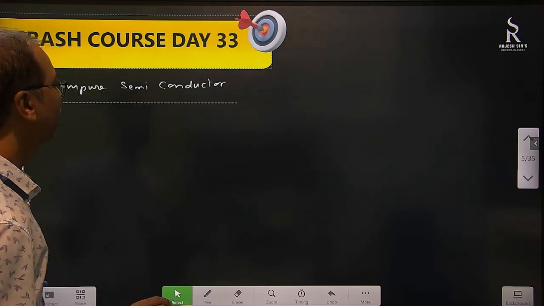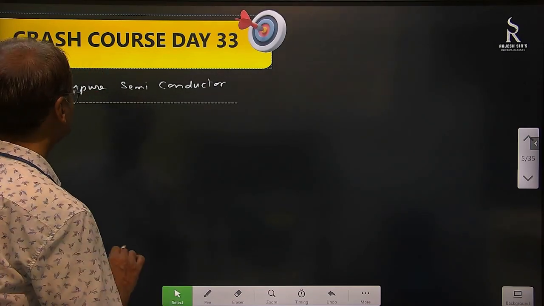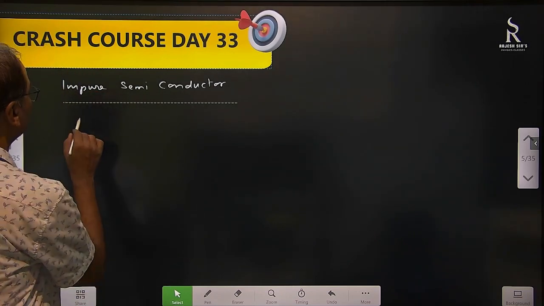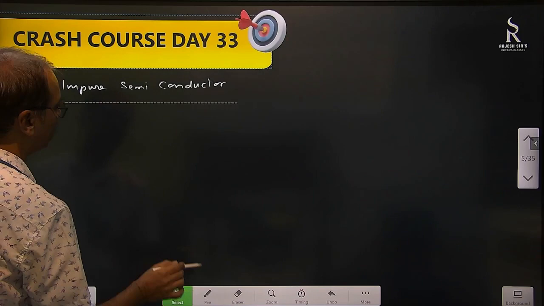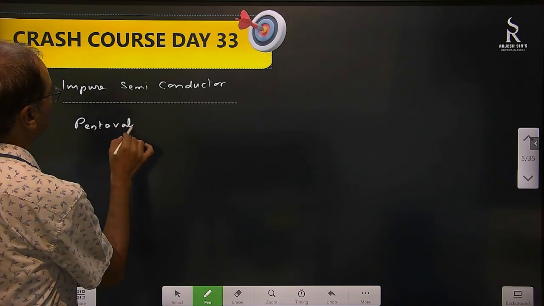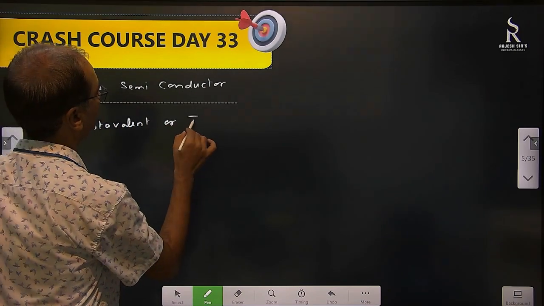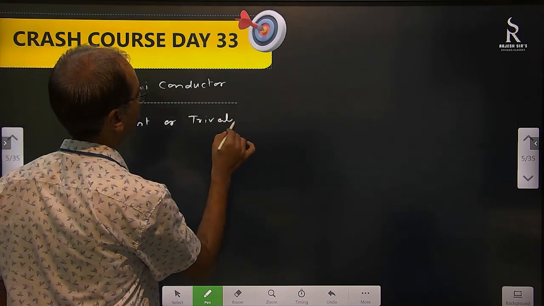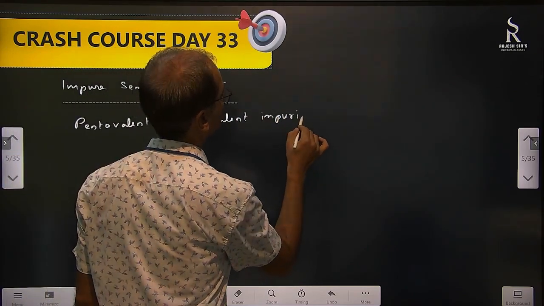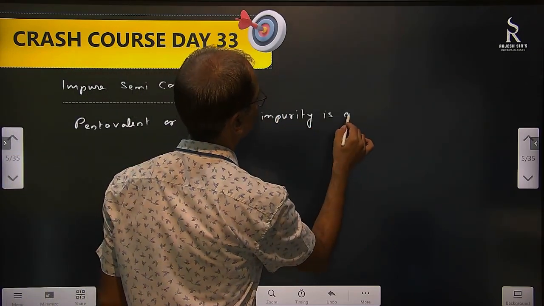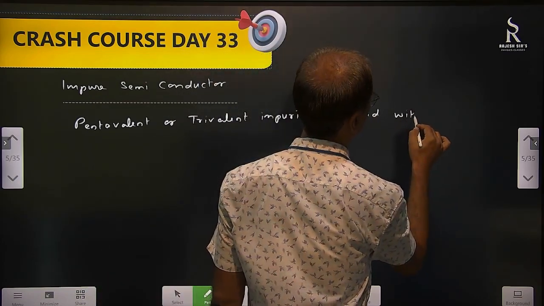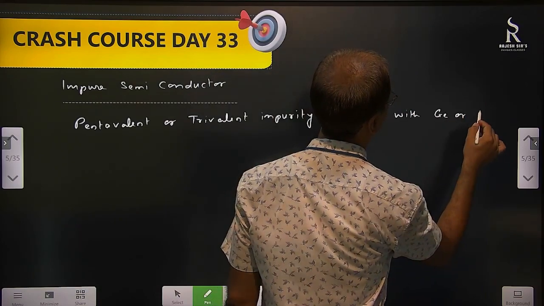So group 13 and group 15, that means pentavalent or trivalent impurity is added with germanium or silicon.